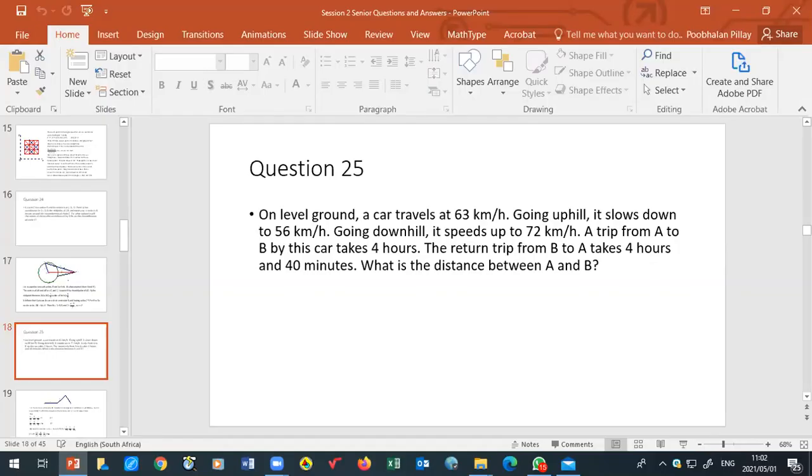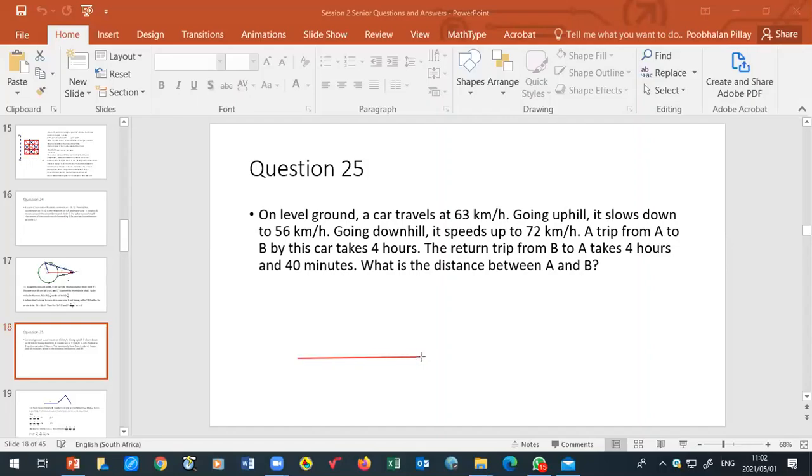Okay, so here I'm going to just trace the path of this car. So there's a car which is traveling on level ground, right?